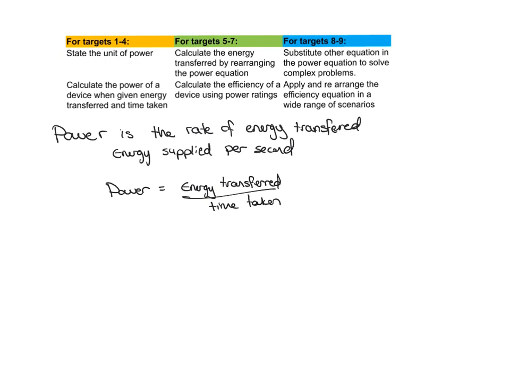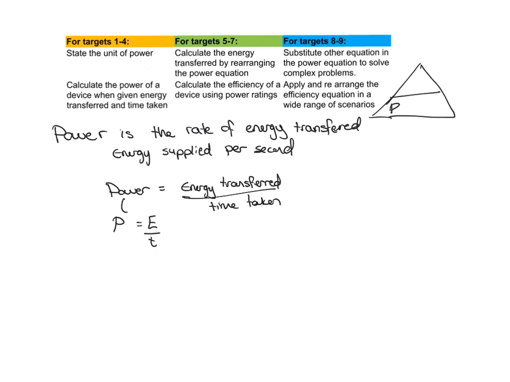So depending on the situation, you should be able to apply that. So power can be calculated. It is equal to the energy transferred divided by the time taken. A triangle to help you rearrange or calculate can be given as power. Now the symbol for power is P. Energy is E, divided by T for the time.